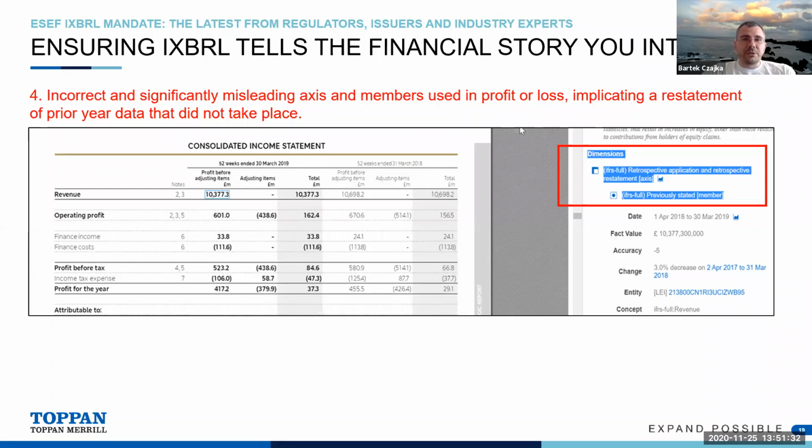Therefore, that information is very strongly misleading, and also just showing that the issuer or the service provider did not really have a clue how to use the IFRS / ESEF taxonomy, and how to cope with something that is unusual. That's where you need the expertise.